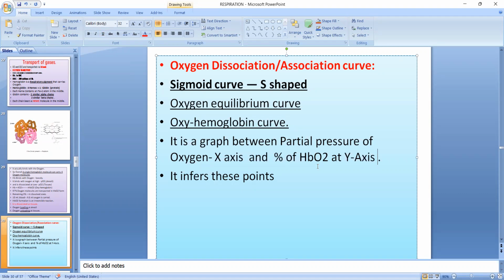The graph drawn by taking oxygen partial pressure, PO2, on the x-axis and HbO2 percentage on the y-axis is generally known as the oxygen association dissociation curve. It infers these points.